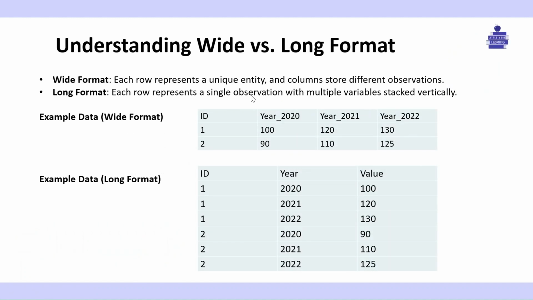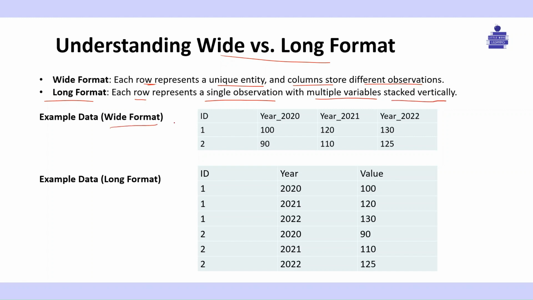Firstly is understanding wide versus the long format. In wide format, each row represents a unique entity and columns store different observations. Whereas in long format, each row represents a single observation with multiple variables stacked vertically.